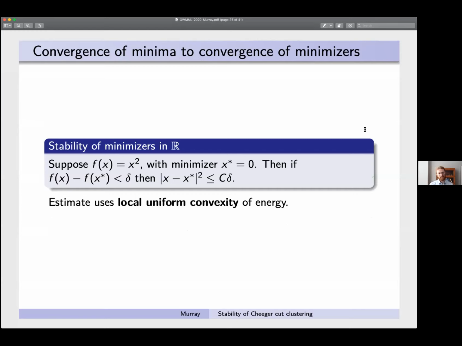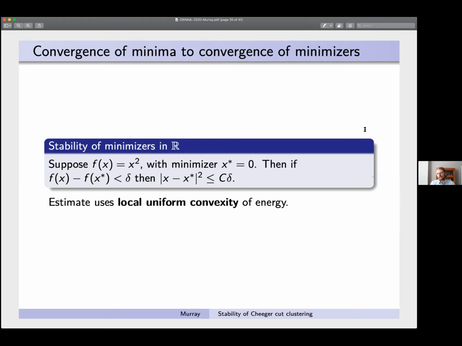Let's think about the function f(x) = x squared. The minimizer is at x star equals 0. Then if we can put some upper bound on the function value at a point x, so if we can say that f(x) minus f(x star) is smaller than delta, then what one can actually say is that the distance between x and x star squared is bounded by some constant times delta.